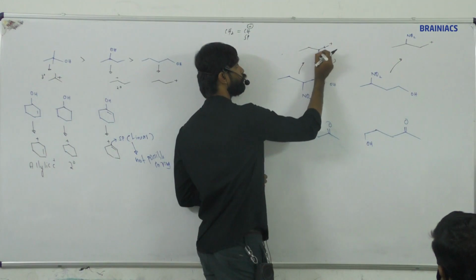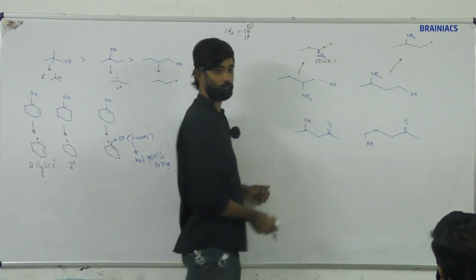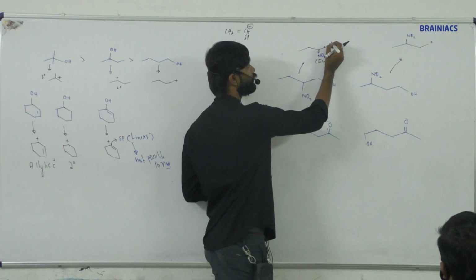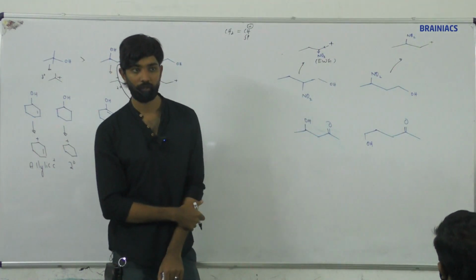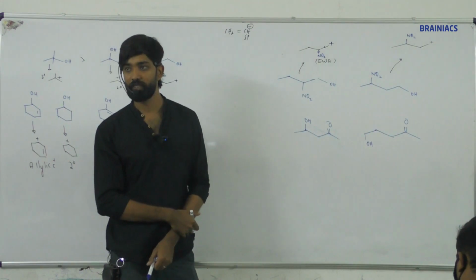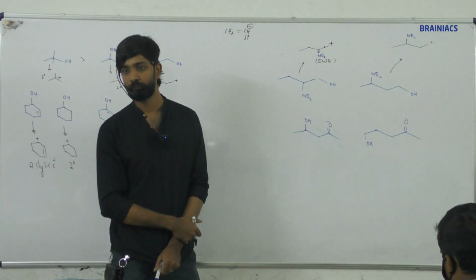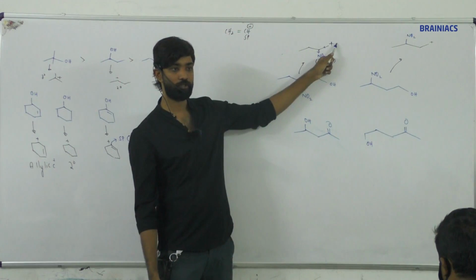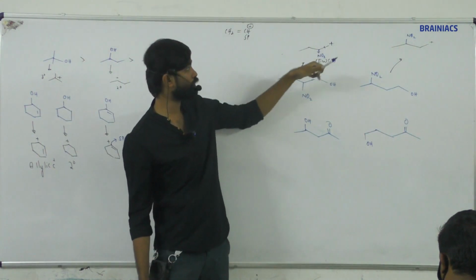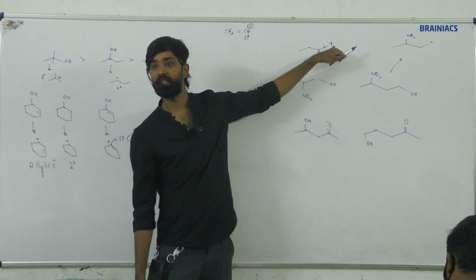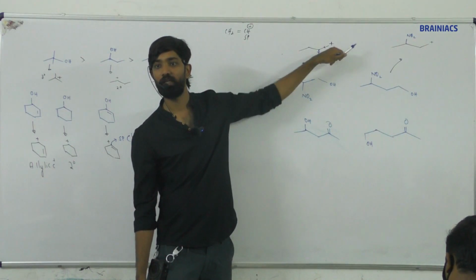This NO2 withdraws electrons, so the intensity of the electron deficiency increases and stability decreases. I think you know that. An electron withdrawing group destabilizes a carbocation. This is already an electron deficient species, so if some electron density is withdrawn by a group, its deficiency increases and its stability decreases.